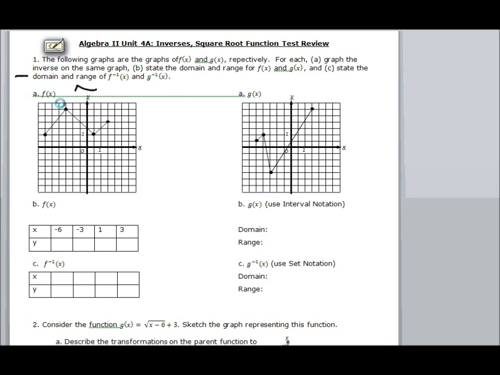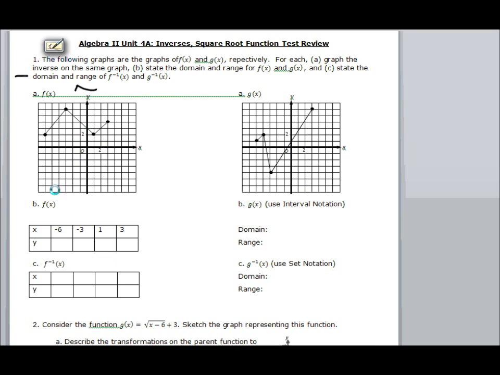So the first question here is about inverse functions. It's saying the following graphs are of f of x and g of x. Never mind certain typos, but we need to find a graphical way of finding the inverse of f of x and use the set or interval notation as asked for to write the domain and ranges of the original function and the inverse function.